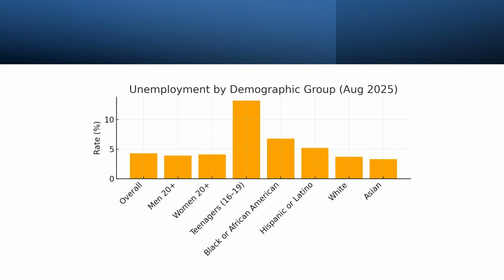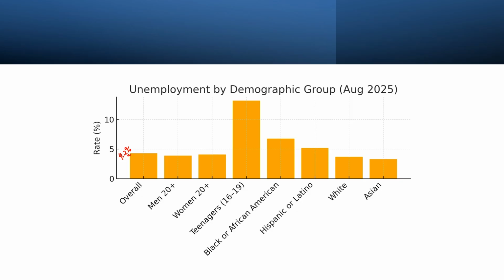We can break this down into groups. So we have the unemployment rate by demographic group, and this is for August 2025. So overall, the unemployment rate, like I said, is a little over 4%, like 4.2, 4.3 roughly. This is the overall unemployment rate.